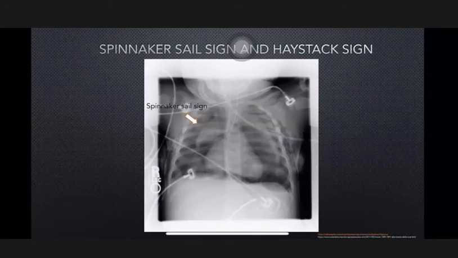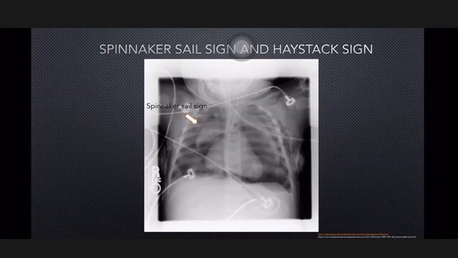The spinnaker sail sign or angel wing sign, pointed by the white arrow, refers to the thymus being outlined by air with each lobe displaced laterally and appearing like spinnaker sails. The haystack sign is pointed by the yellow arrow, where the heart is surrounded above and below with gas, giving it an appearance of a haystack.